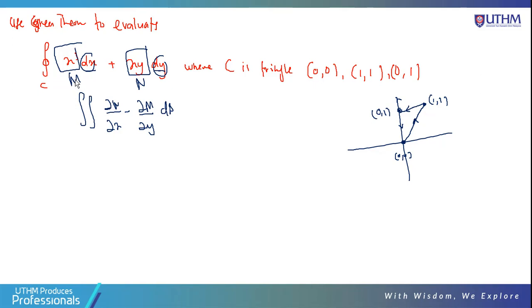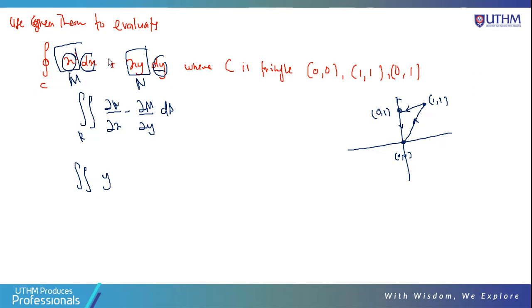So take the partial derivative of N with respect to x, which leaves y. M with respect to y is zero, because there is no y here.